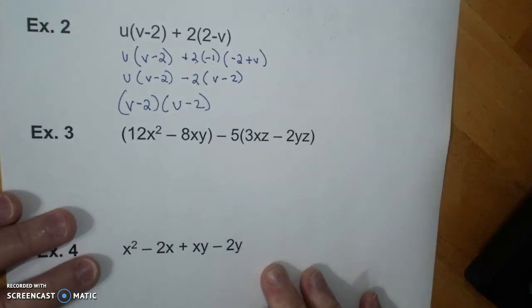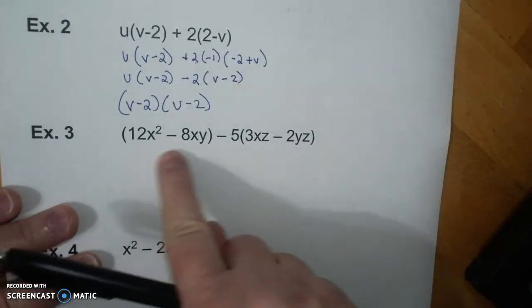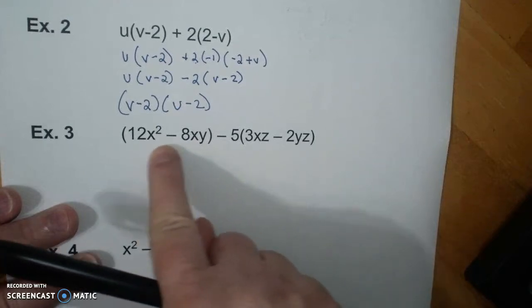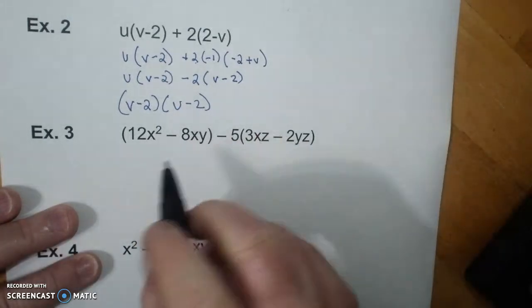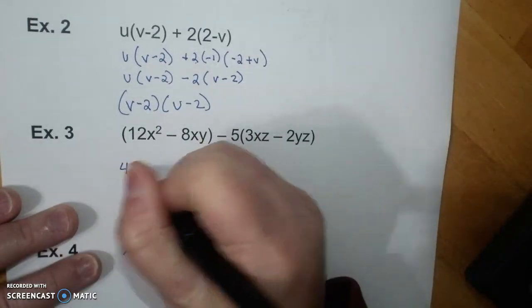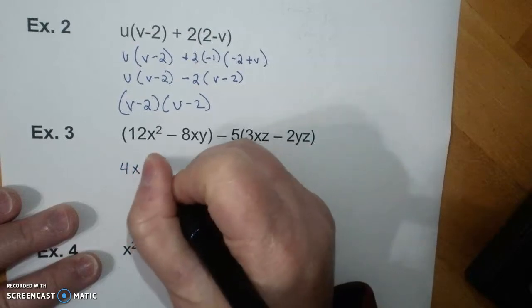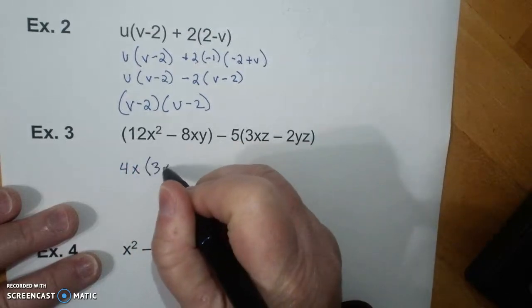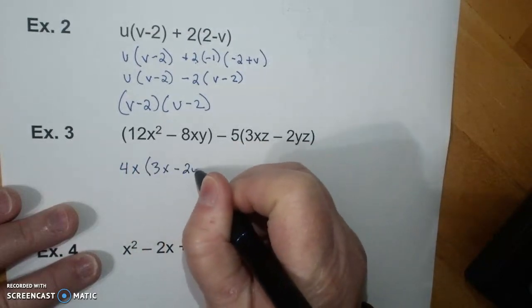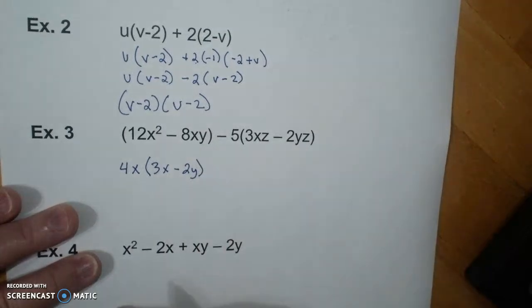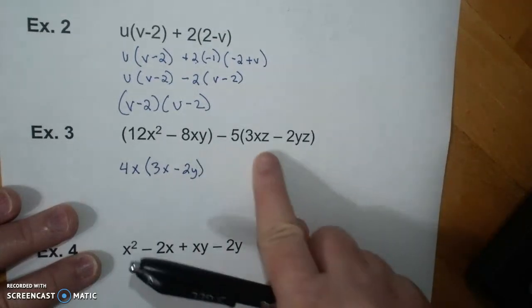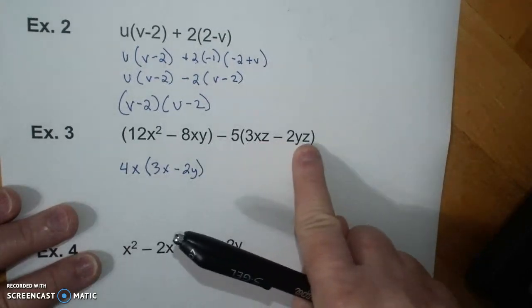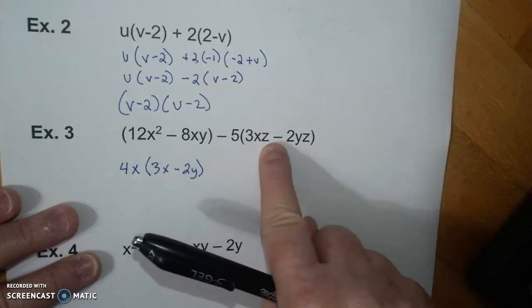Okay, I'm going to take some clumps, and I'm going to look at this clump, and I'm going to say, hey, I got some stuff that's in here that I can factor out. I can factor out a 4 and an x, and that gives me 3x minus 2y. And I look in here, and I can factor out a z.